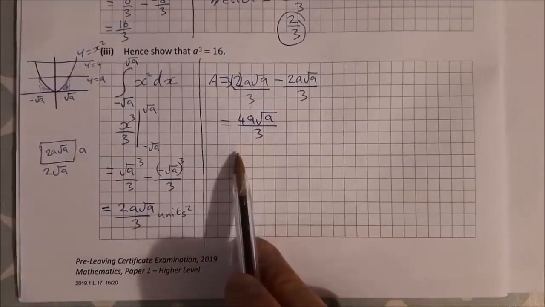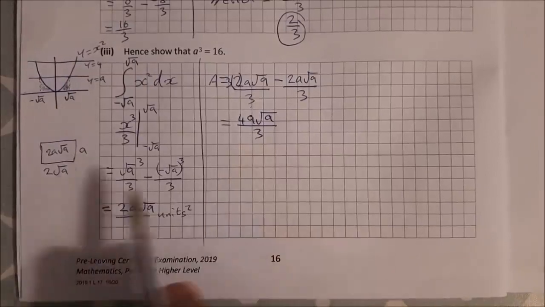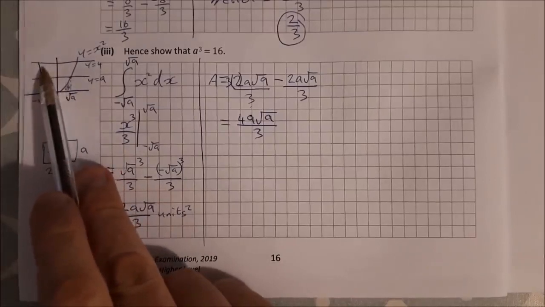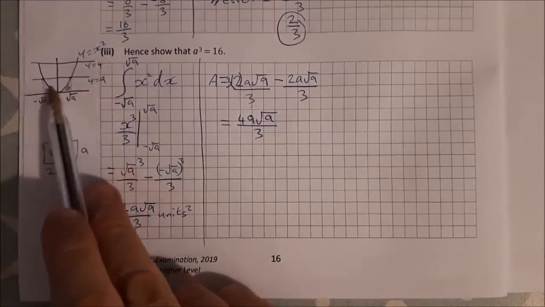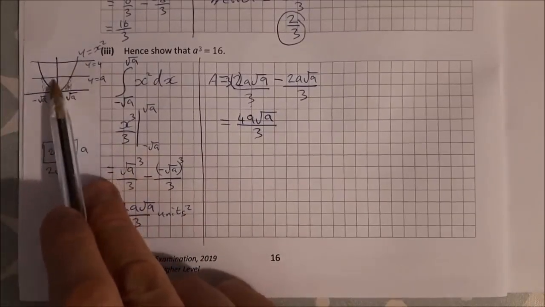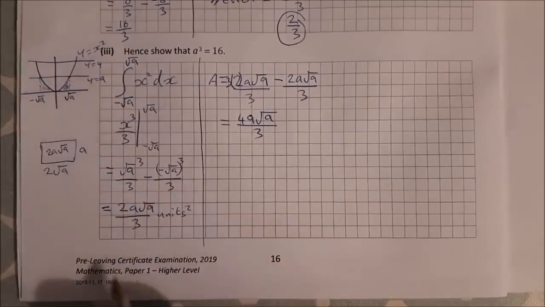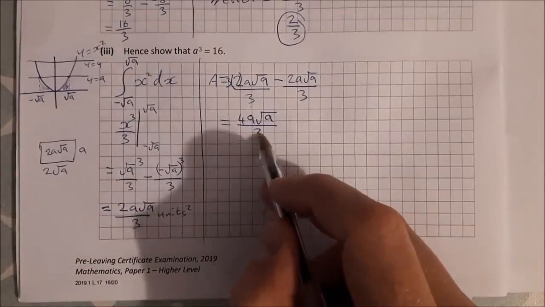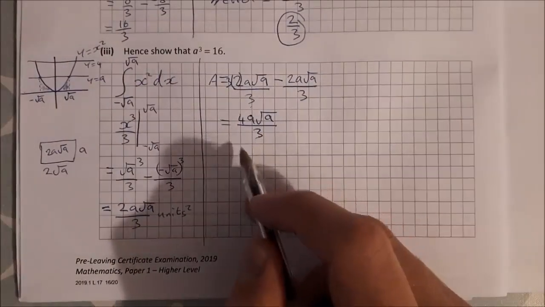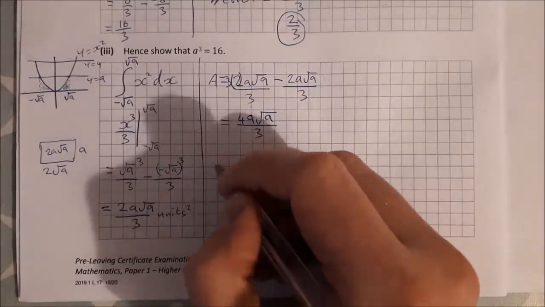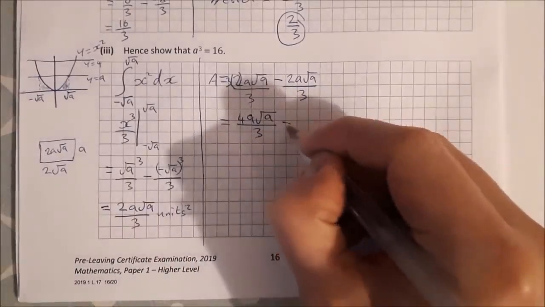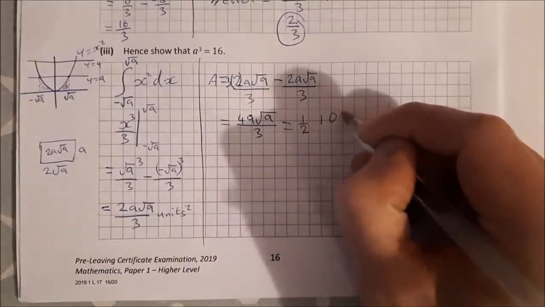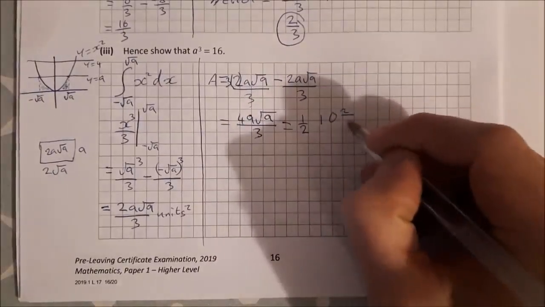Now what we also need to know is that we're told that the line y equal to a splits these areas in two. So the area that we found earlier on is twice the size of this area. So we can say this area is half of the area we found before, half of the 10 2/3, or 32 over 3.